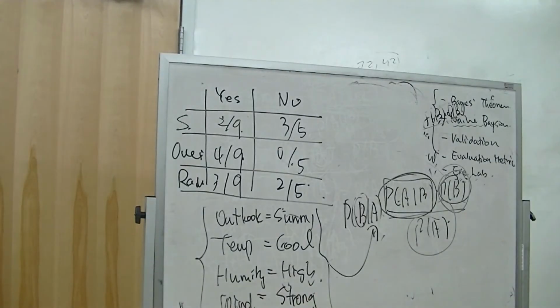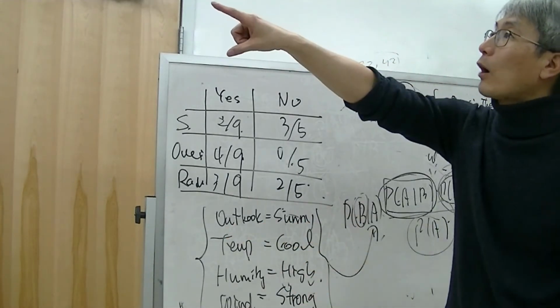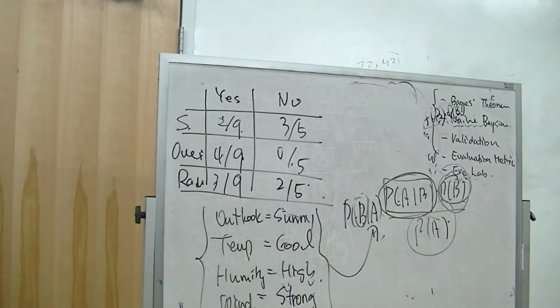Let me show you, this one will be better. So outlook is sunny. Among the outlook, sunny is 2/9. First you can do the yes case, and this one will be selected.